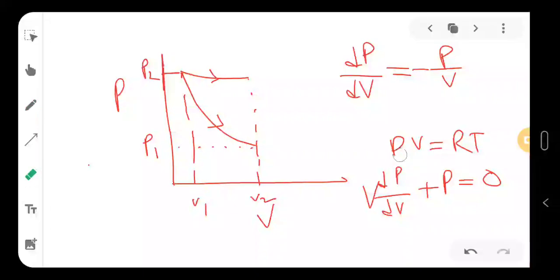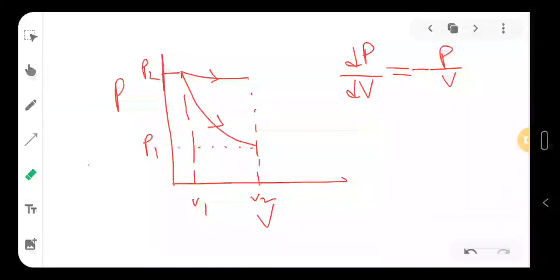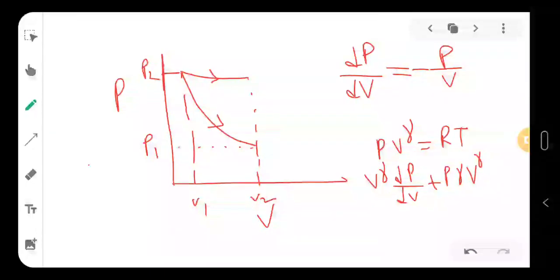This is the slope. But in the case of the adiabatic process, PV to the power gamma is equal to RT. So what will happen if we do differentiation? It will become V to the power gamma dP by dV plus P, gamma comes here, V to the power gamma minus 1, and that side will be 0.